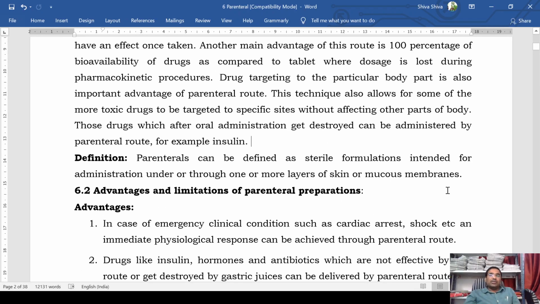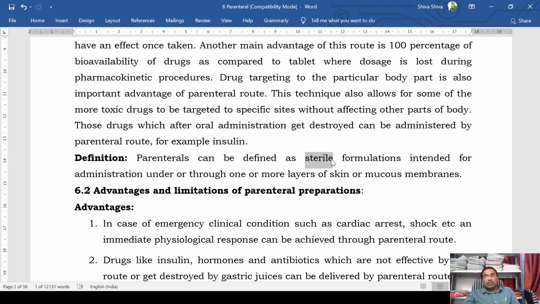So what can be the definition of parenteral products? Parenteral products can be defined as sterile formulations intended for administration under or through one or more layers of the skin or mucous membrane. So the word sterile is important. You all know the meaning of the word sterile? The simple meaning of sterile is free from any kind of viable microorganisms. Any kind of viable microorganism should not be present inside the parenteral product.